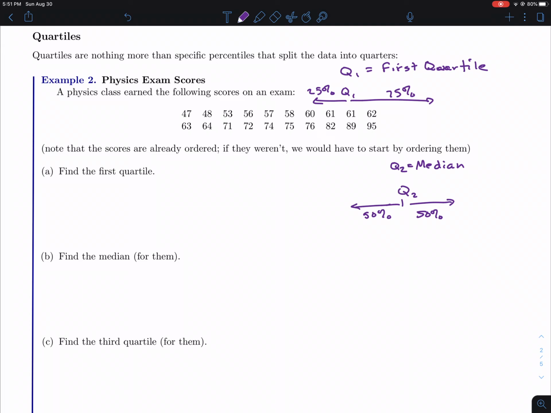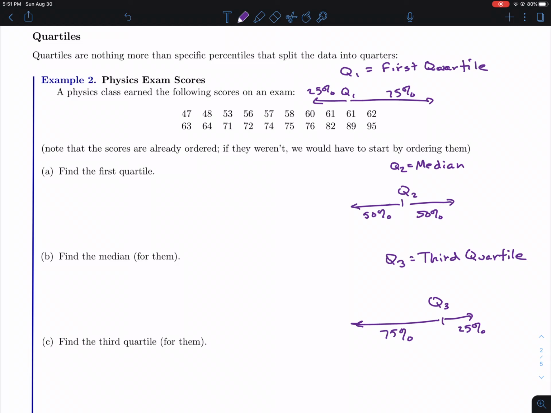And then finally, Q3, or third quartile, it's kind of like the first quartile, but opposite. So in this case, Q3 would be, say, out here, and we'd have 25% above, 75% below, in that case.